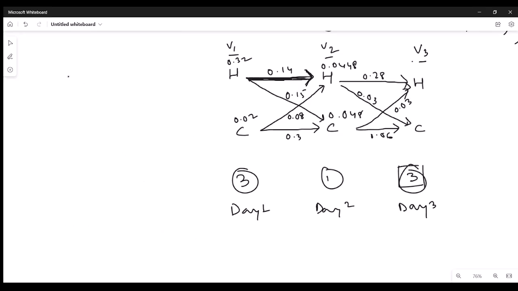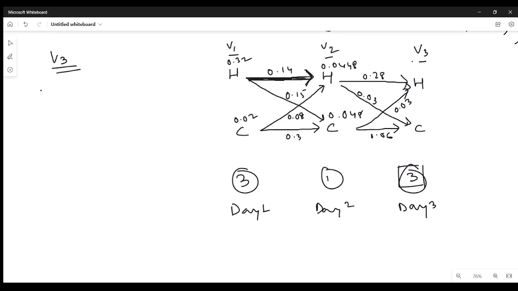Now again we will calculate the Viterbi third. To calculate V3, we need to take the help of V2 also. Now V2, along with the transitions, we need to identify the maximum value.